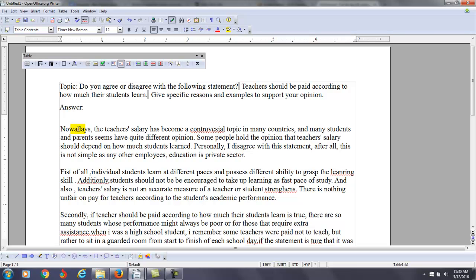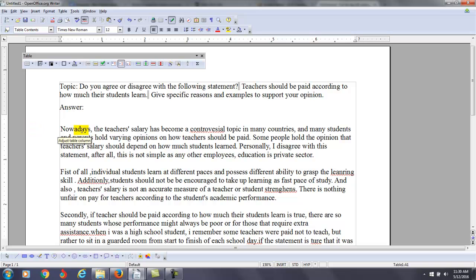Maybe put "and" here to avoid that comma splice, and many students and parents might say varying opinions on how teachers should be paid.